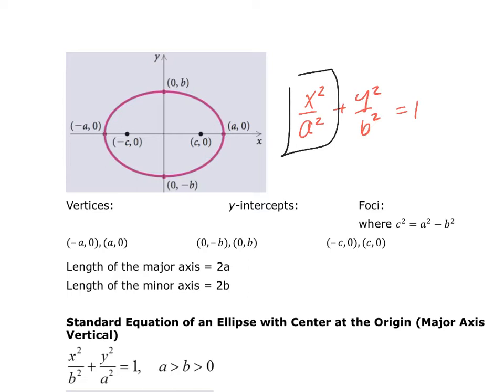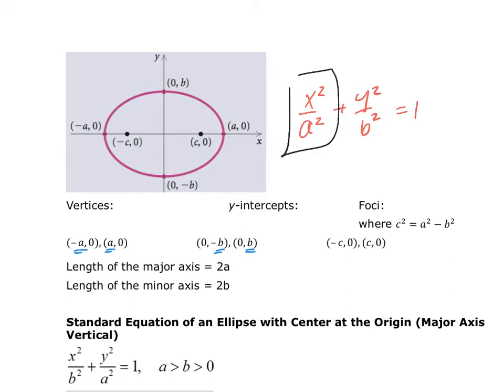So you'll notice that the vertices that are given to you are the x part of the x-intercepts. Your minors are along the y-axis, and those are your y-intercepts. So notice that it is plus and minus b.